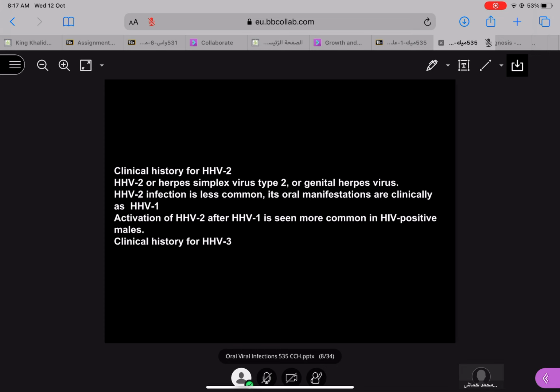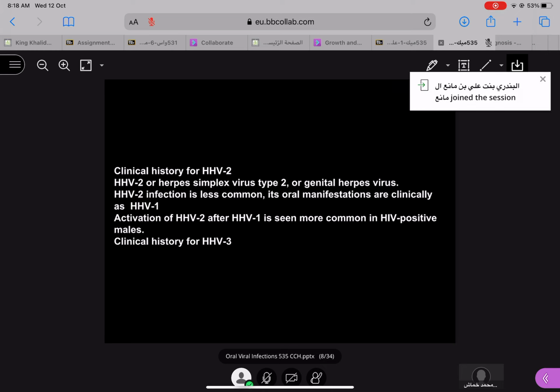How can we differentiate between them? How can we investigate that? We have to send a sample to the laboratory, and the laboratory will tell you which type of virus it is, because it's not easy. If you see lesions around the lips, upper or lower, it doesn't tell you which. But one more very important thing to differentiate between herpes simplex 1 and 2: if there is any rash on the genital area, this is herpes simplex 2.